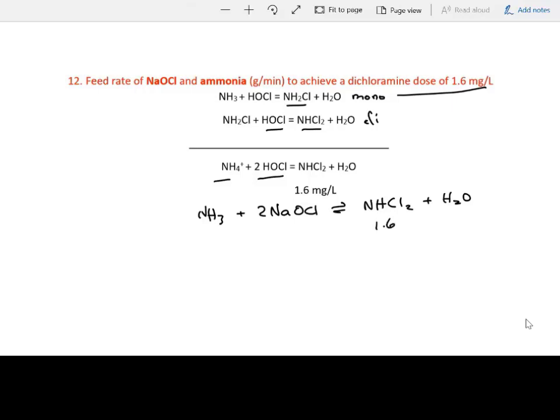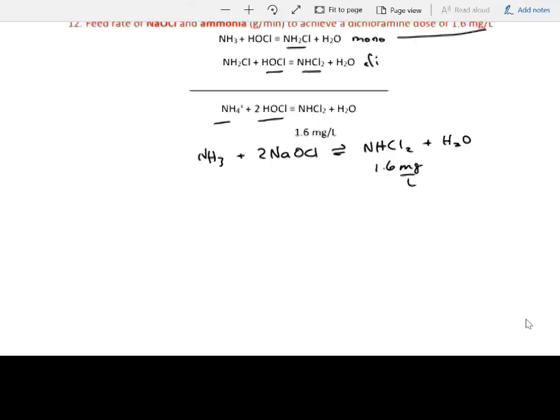And we want 1.6 milligrams per liter. So we need to convert the 1.6 milligrams per liter to molar units, and we have 1.6 milligrams per liter, and that's our dichloramine.